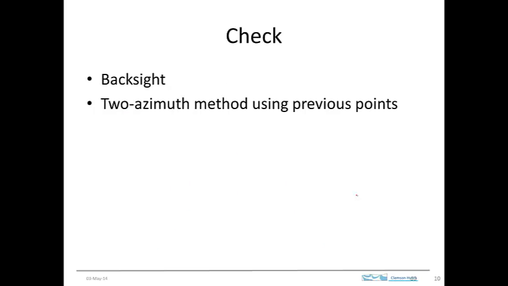We always want to be able to check our work. It's easy to make a mistake either by measuring something incorrectly, writing it down incorrectly, or plotting a point incorrectly. So there are a couple of simple things that we can do to check our work. One is to just simply backsight and verify that we've measured the correct angle. So if we start with our base point we measure an angle over here, and we measure that distance.